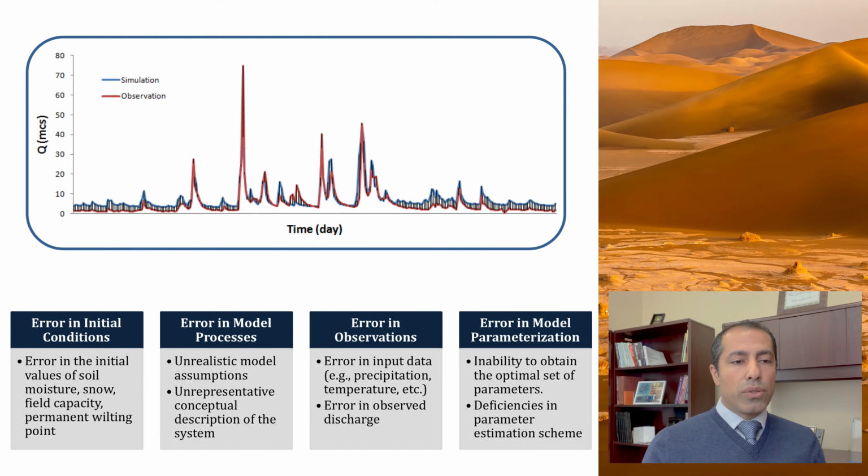Then there are also errors related to model structure. These model structural errors are hard to evaluate, but we know they are there. We made a lot of assumptions. For example, we assumed that outflows from our bucket models are simple linear functions. Outflow is a function of storage.